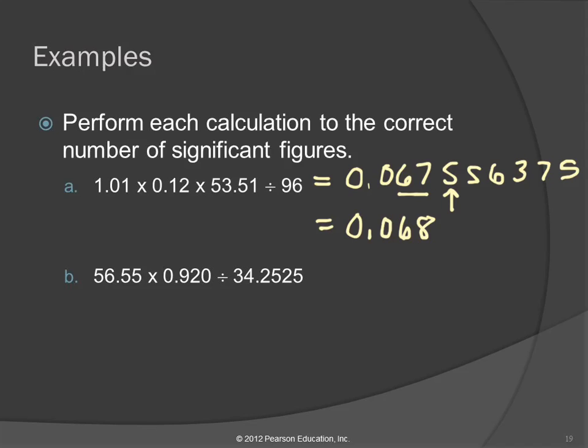The other one, 56.55 times 0.920 divided by 34.2525. The calculator just comes up with all these crazy digits.